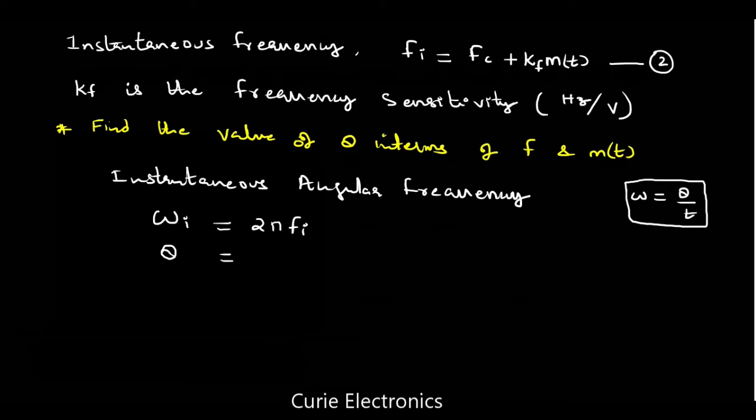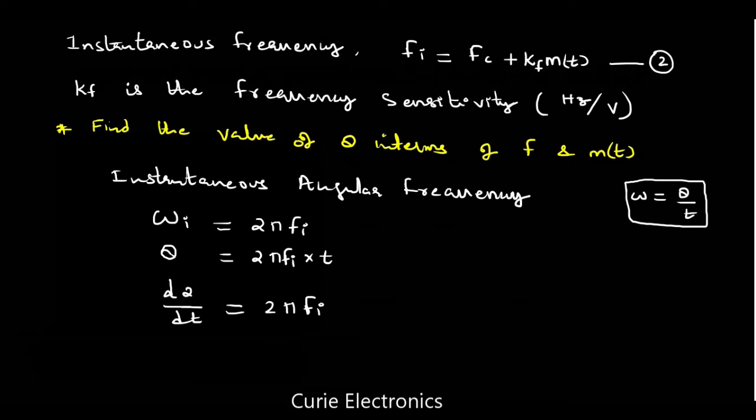Instead of omega, we can write it as 2 pi Fi multiplied by t. So theta also we got. Now let us differentiate with respect to t. And what do you get? d theta by dt equals 2 pi Fi. Right.